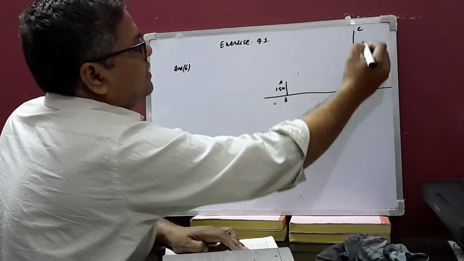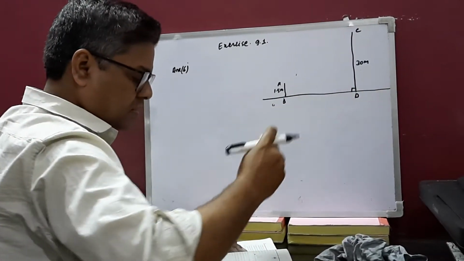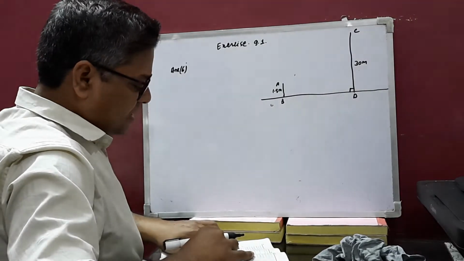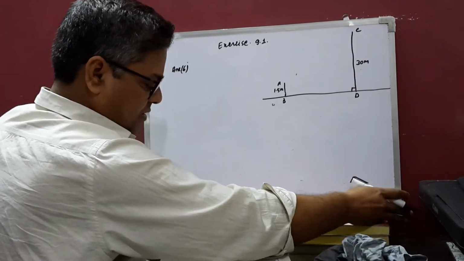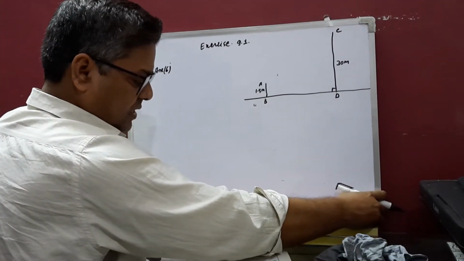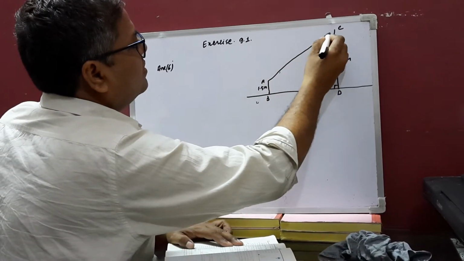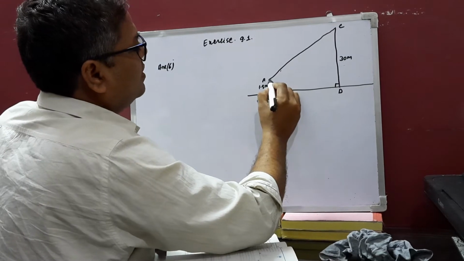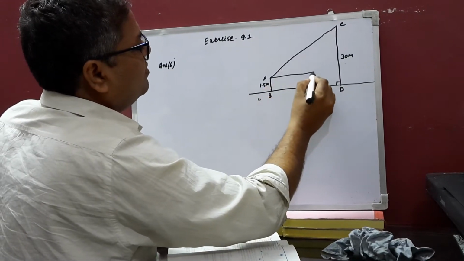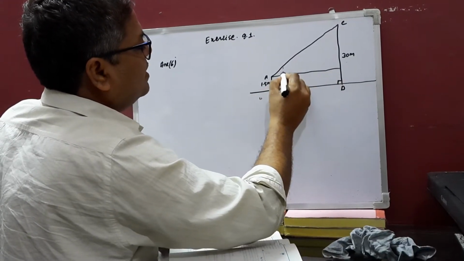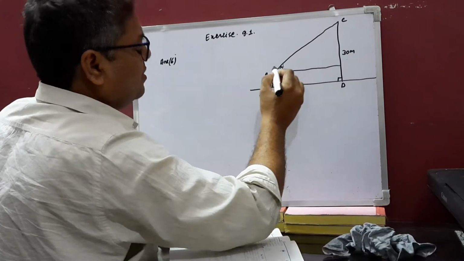This is CD. The angle of elevation from the eyes to the top of the building, and the boy is watching the top of the building, so the angle of elevation will be formed at his eyes. This is the angle of elevation.